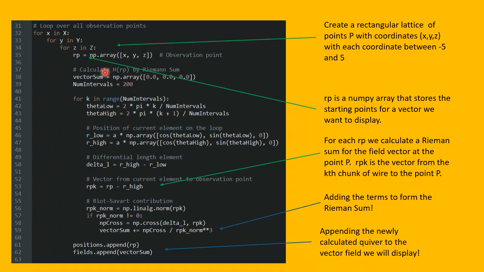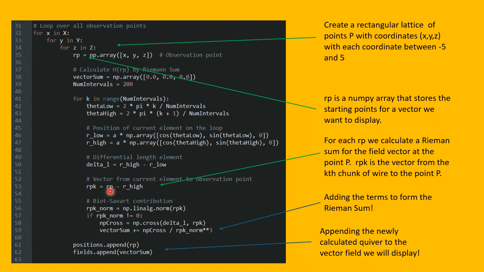And we're going to have to store these somewhere so that later we can start displaying this stuff, and also for calculational purposes. So for each point in that three-dimensional space, we have a vector RP pointing to that point.